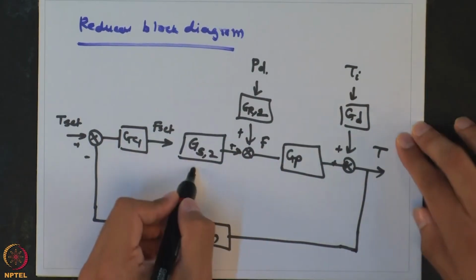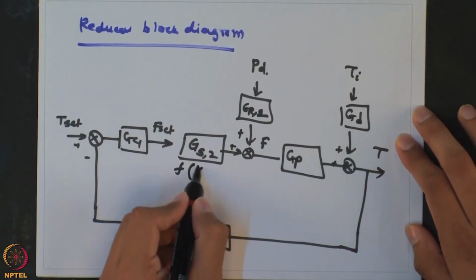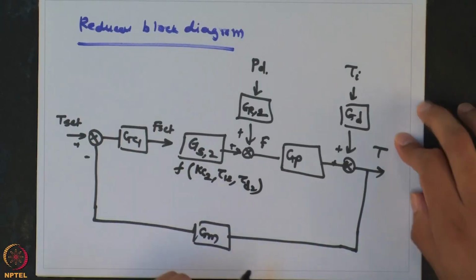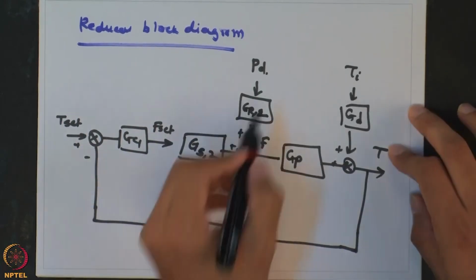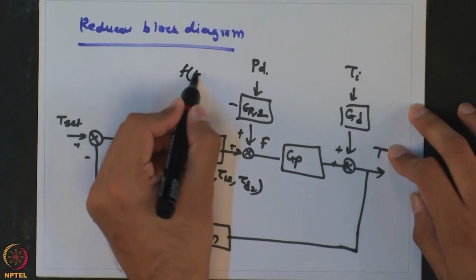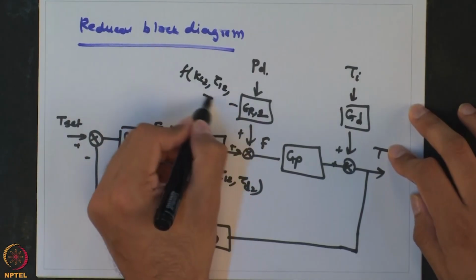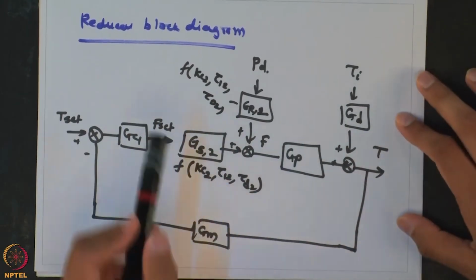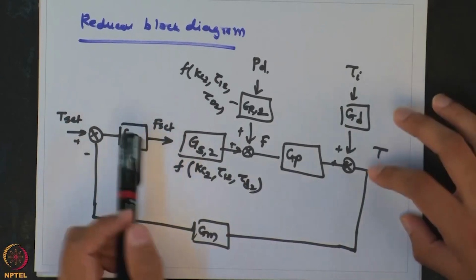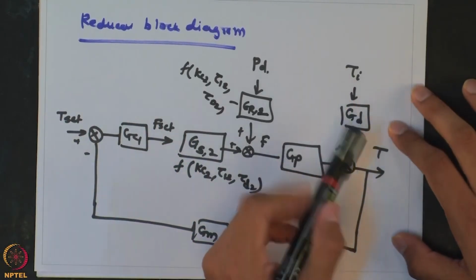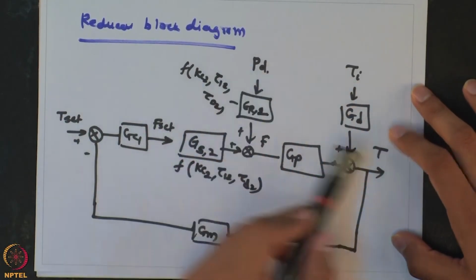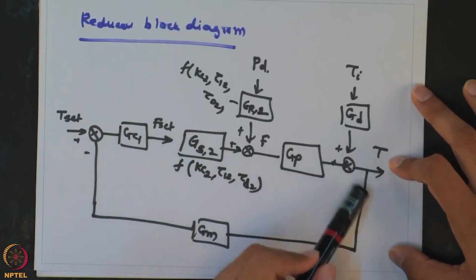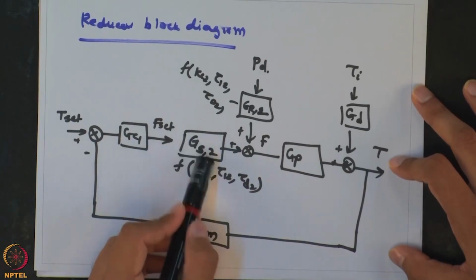So you can see that this is a function of Kc2, tau I2 and tau D2, considering it is a PID controller, and in the same way this is a function of Kc2, tau I2, tau D2. So if I now want to look at the effect of this disturbance on the final temperature, we will have to look into this closed loop transfer function, which is a function of this GS2.